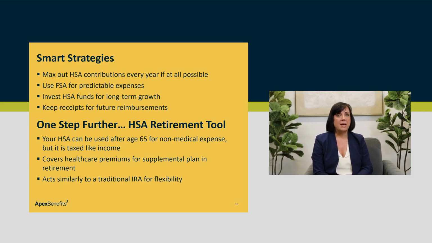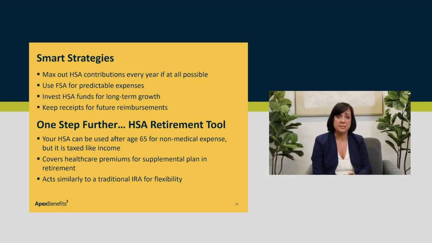We know that life sometimes happens, and those HSA dollars are yours. They're portable, they belong to you. Even what's contributed by your employer, those are your funds. So if life happens and you have to pull funds either out of your HSA account or maybe out of investment because you had something major happen, you had your car break down and you need $2,000 or $3,000, you can utilize those.